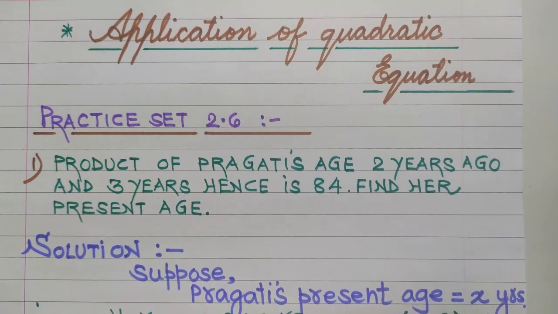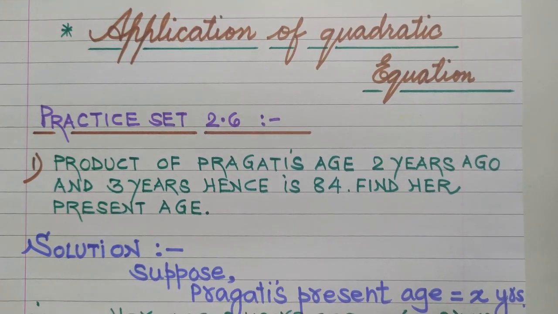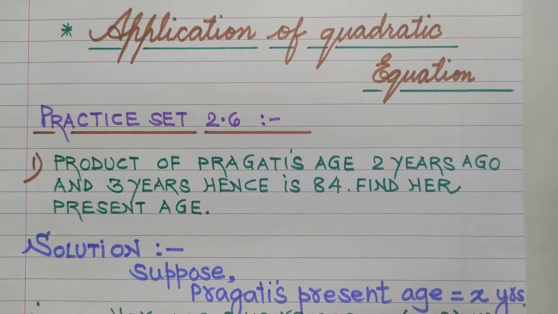Now we move towards the last article from chapter number 2, that is quadratic equation, and the name of the article is application of quadratic equation. That means we have to study some word problems based on quadratic equation.